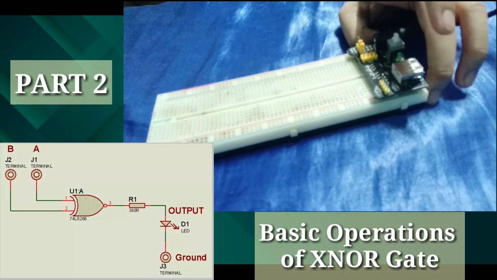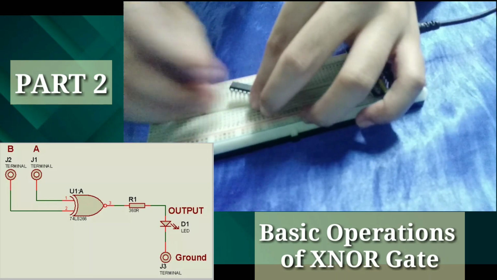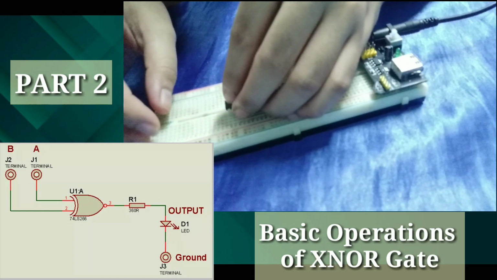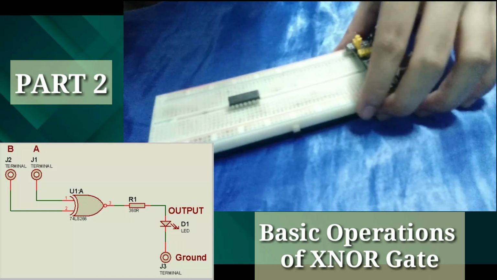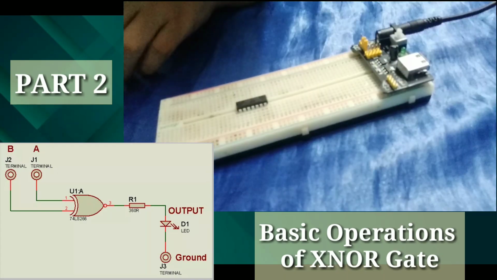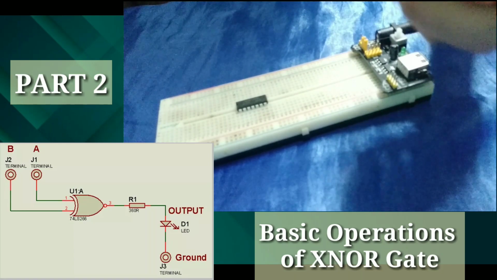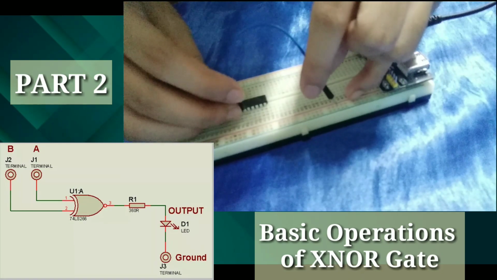Now, for our part 2, examining the basic operations of the XNOR gate, we will be needing a 74266 integrated circuit. Okay, let's connect it to our breadboard. As you can see from the diagram, pin number 3 is connected to a resistor.